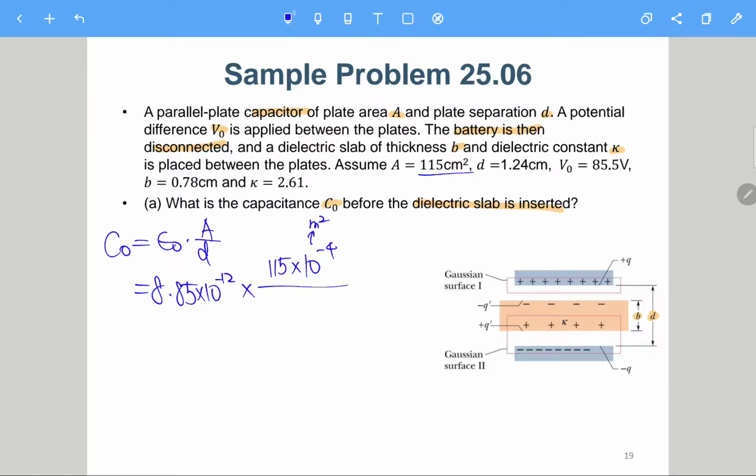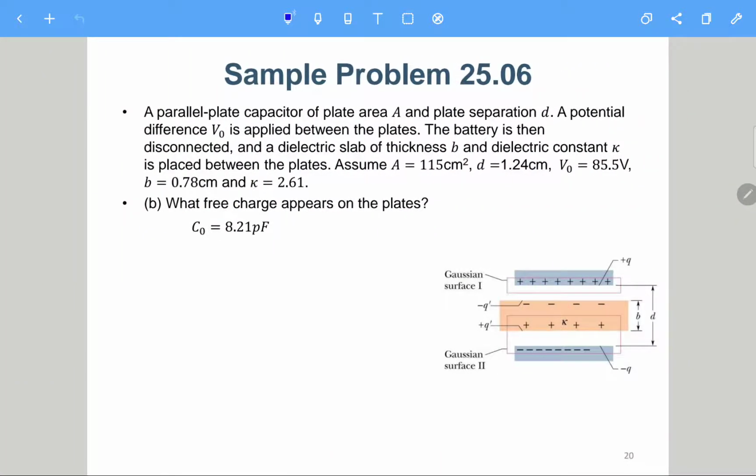And then D is 1.24. So C0 is 8.21 picofarad. Okay, so this is a simple one.